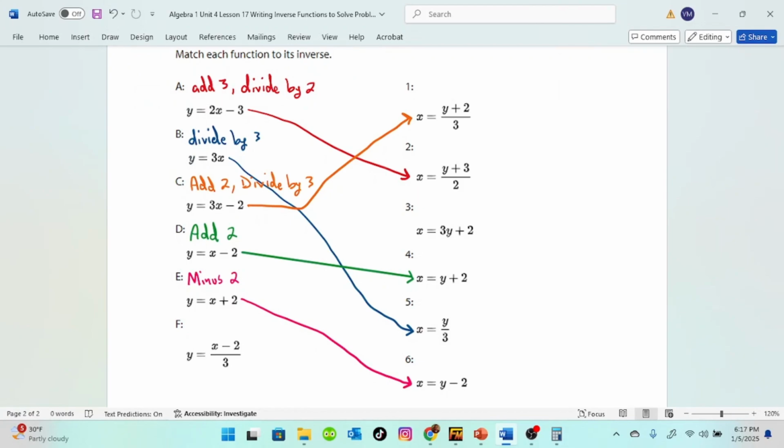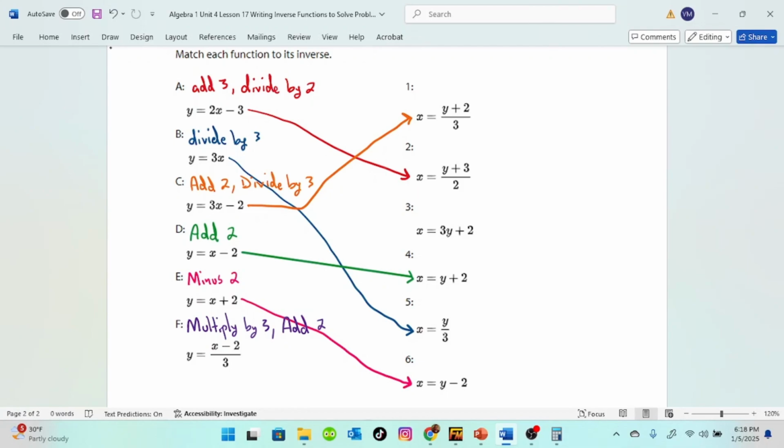And finally, we have F. Y equals x minus 2 divided by 3. The opposite of dividing by 3 is multiplying by 3. Then the opposite of minus 2 is adding 2.